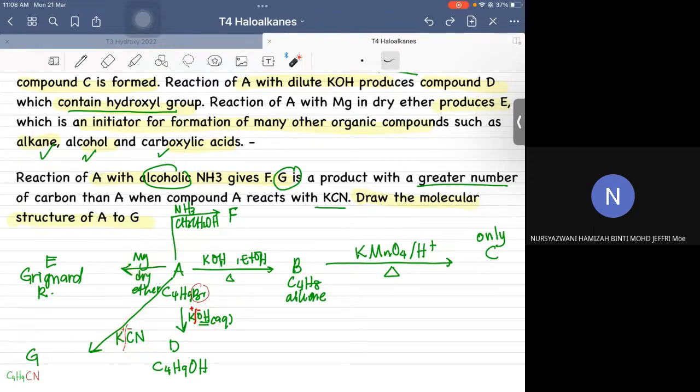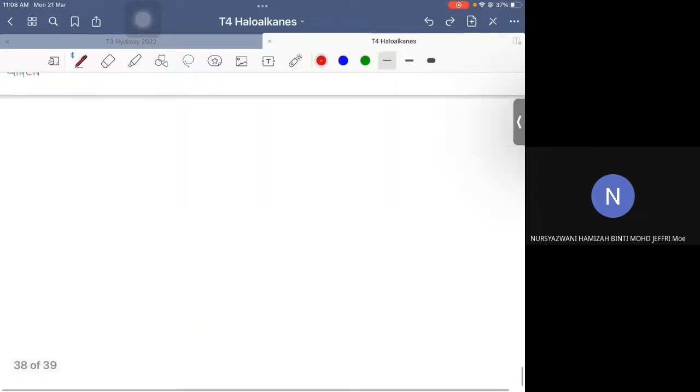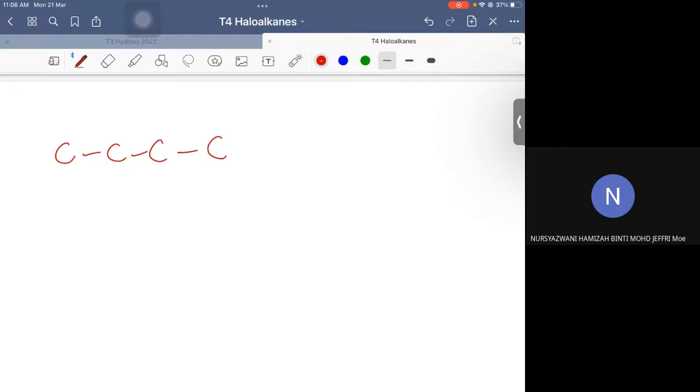Okay, tapi struktur A ni C4H9Br boleh menghasilkan pelbagai bentuk haloalkane A. A boleh jadi 1, 2, 3, 4. Okay, C4 and then Br dekat carbon number 1, hydrogen 9. Tapi kita boleh juga buat struktur yang lain.